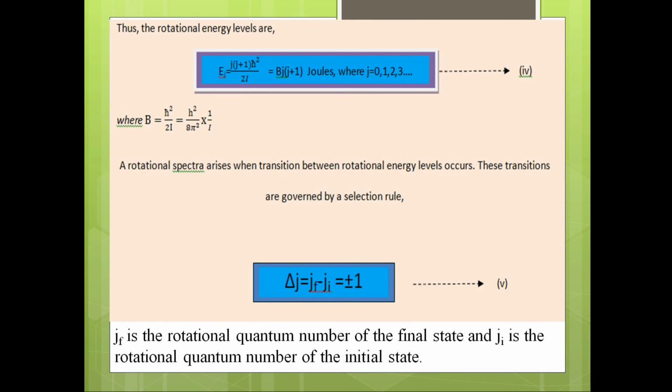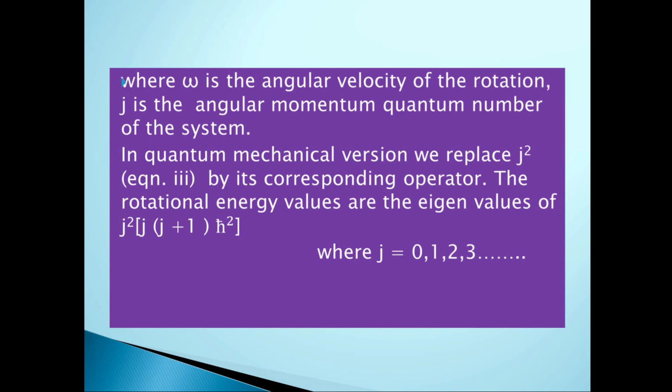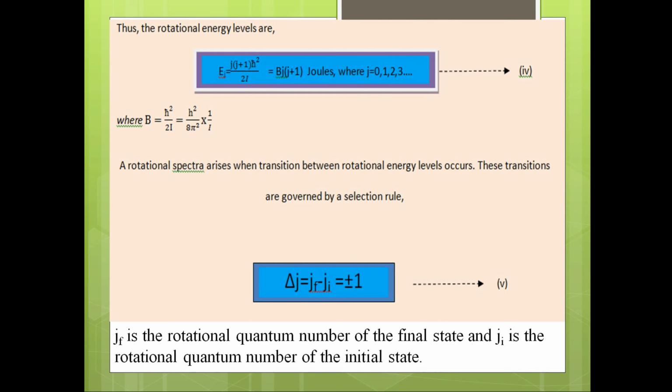Now the rotational energy levels are Ej equal to J into J plus 1 into H cross square upon 2I. I is the moment of inertia. So finally we get it in terms of B, Ej equal to B J into J plus 1, and that is energy in joules, where J is equal to 0, 1, 2, 3.